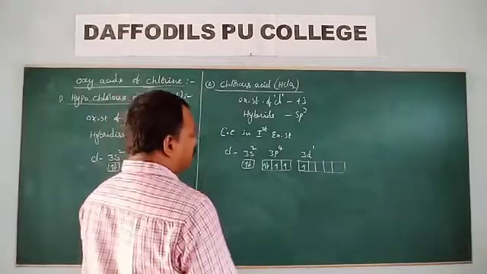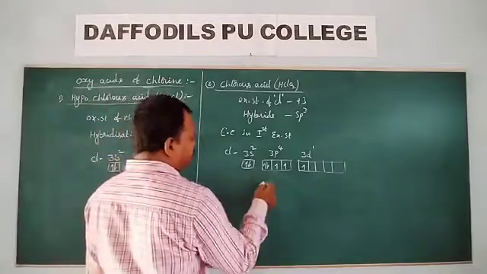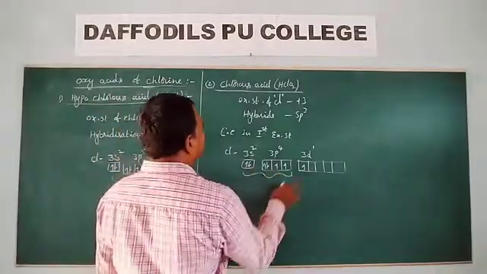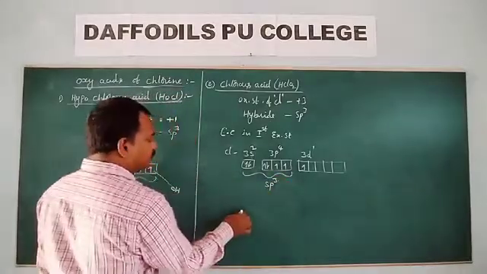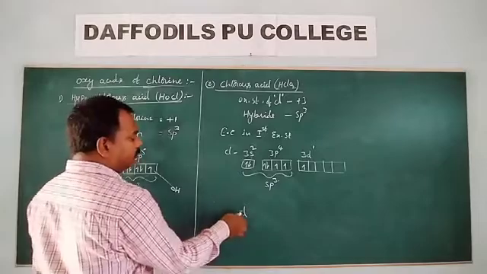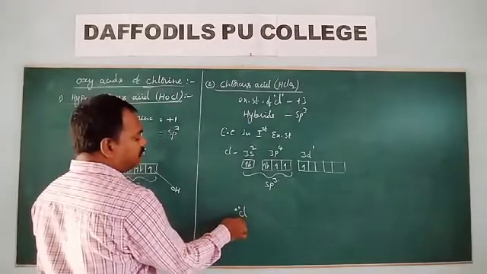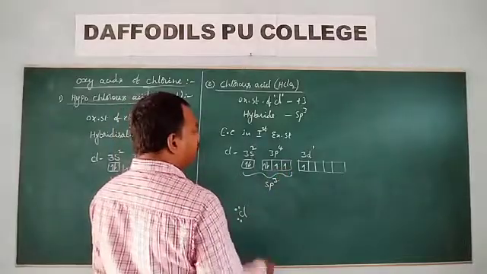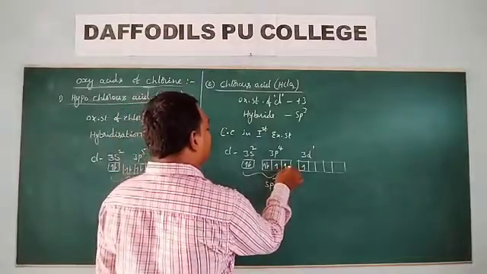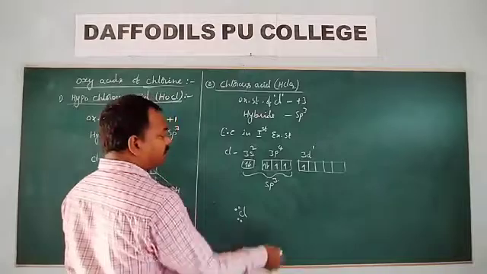This is the electronic configuration in the first excited state. This chlorous acid undergoes sp3 hybridization. This is the central atom. It contains 2 lone pairs. How many bond pairs are there? 1, 2, 3 bond pairs are there.